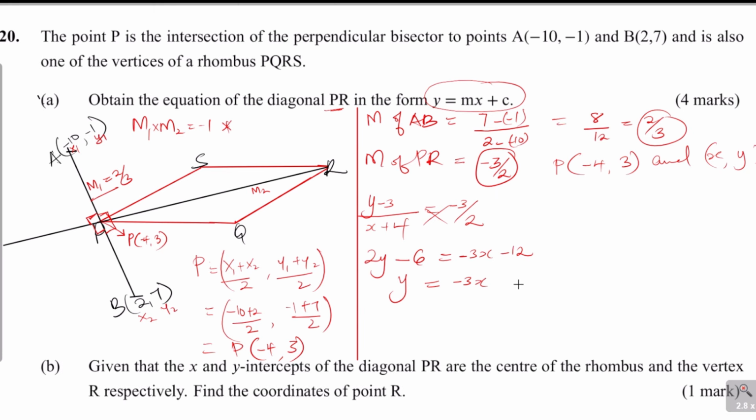Because you want y, I'm dividing everything by 2. So this will be -6 divided by 2, -3. So in the form y equals mx plus c, when you organize that, you'll get y equals -3x/2 subtract 3. So that is the first part of the question.